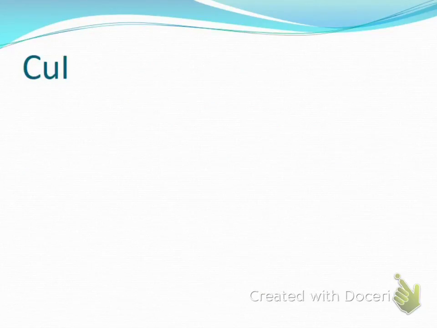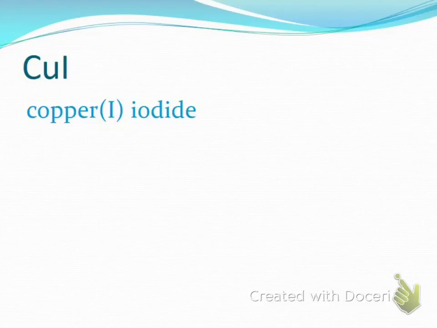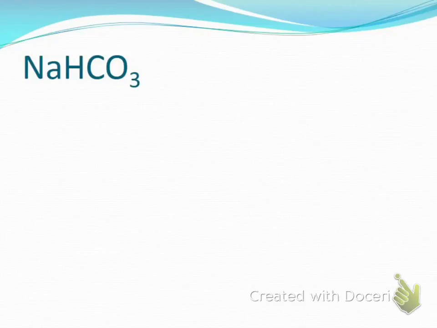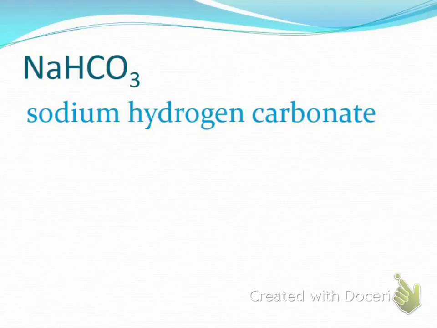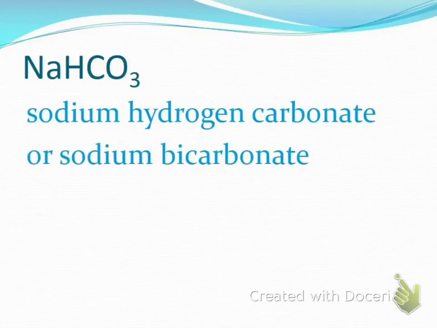All right, what's this one called? Copper(I) iodide, yes. What is this one? Sodium bicarbonate, also known as baking soda. You could also name it sodium hydrogen carbonate, which would technically be correct. Both of those are accepted.